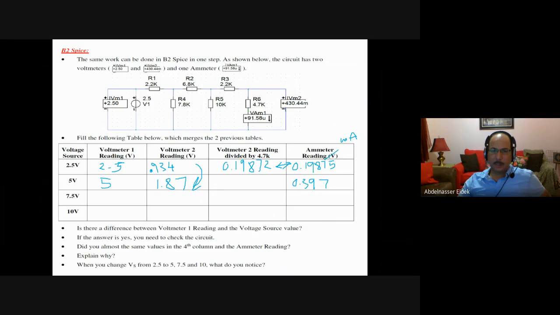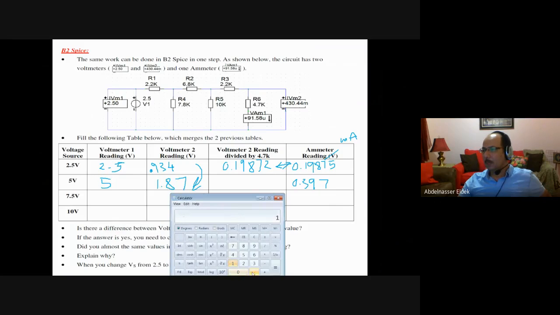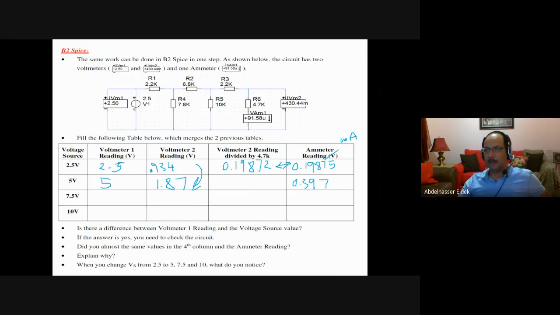Now if we want to calculate the current using Ohm's law, it will be 1.87 divided by 4.7K, which is 0.39787, which is also close to this one.